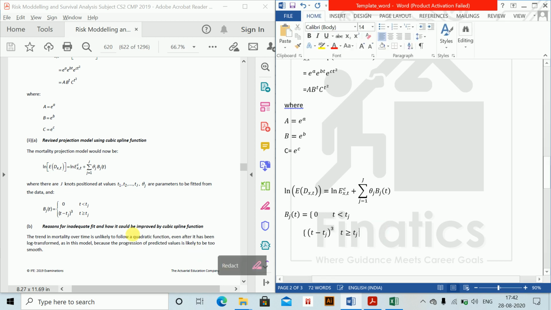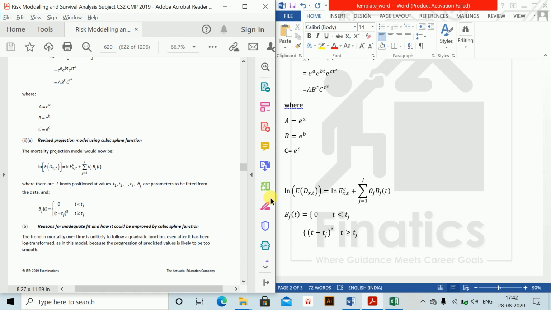So this is the mathematical typing in this chapter; otherwise it's a theory chapter.